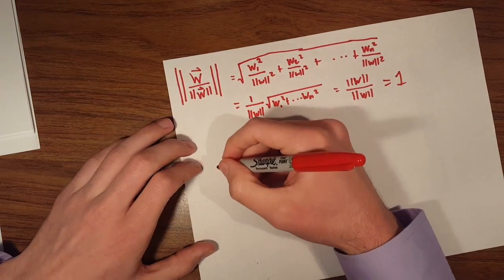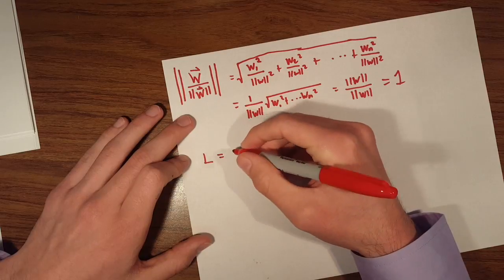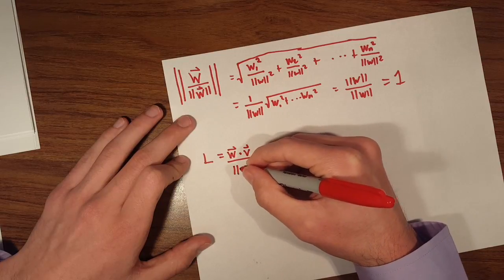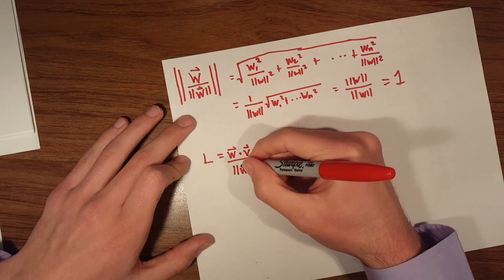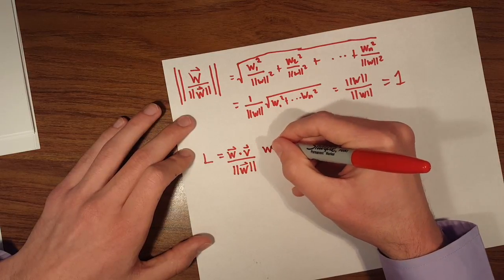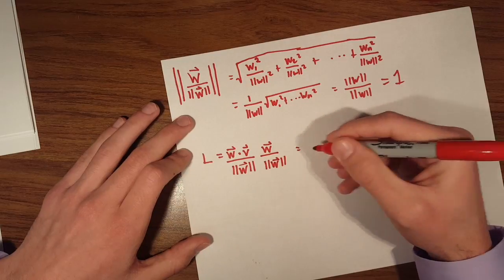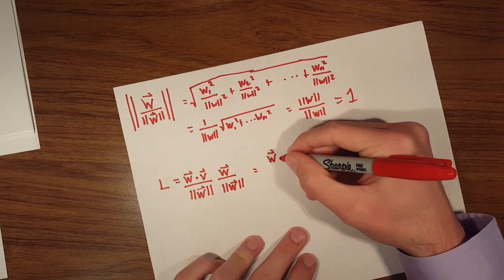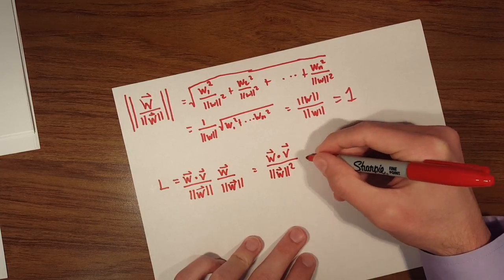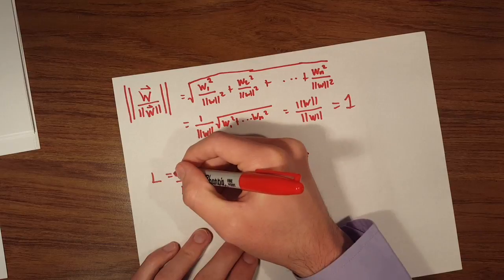So what we need to do then, if we want to make the projection, is take the quantity L, which is the length that we want it to have, which is W dot V over the magnitude of W, and multiply it by the unit vector in the direction of W. So this gives us the formula for the projection as W dot V over the length of W squared times the vector W. Sorry, this is not an equality.